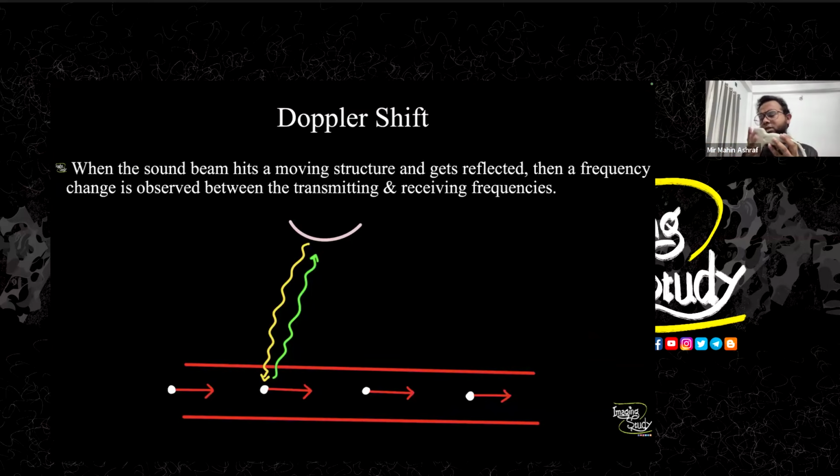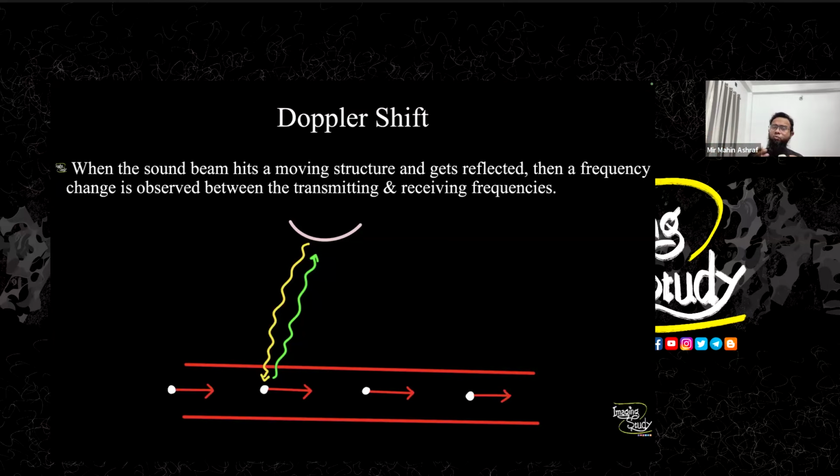This is my transducer. It can produce, I think, 3.5 to 5 megahertz. Say we are producing 5 megahertz sound. We put 5 megahertz into the body, and the reflected frequency will be 5 megahertz, obviously. So there is no change of frequency when the structure is non-moving.